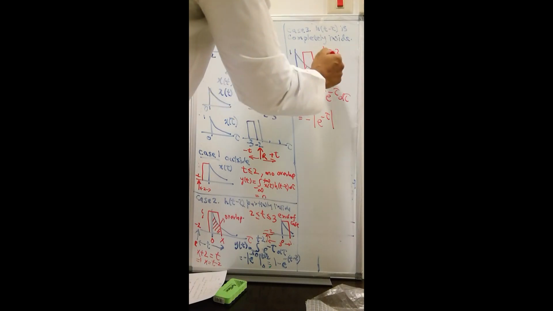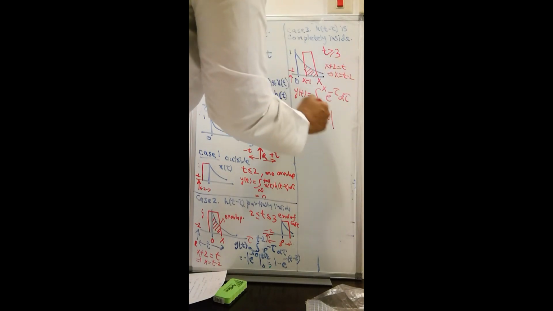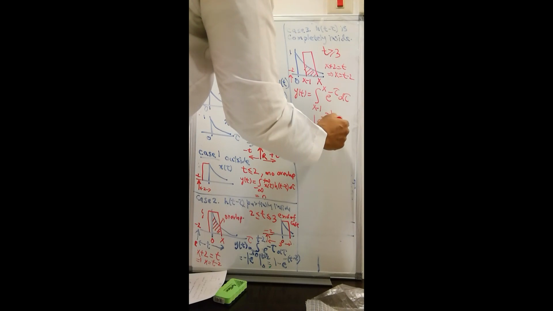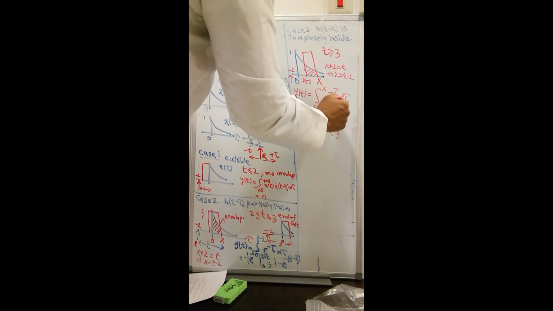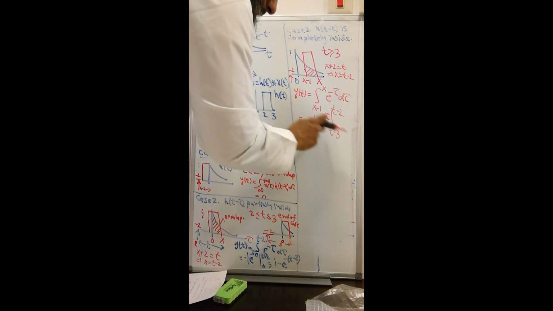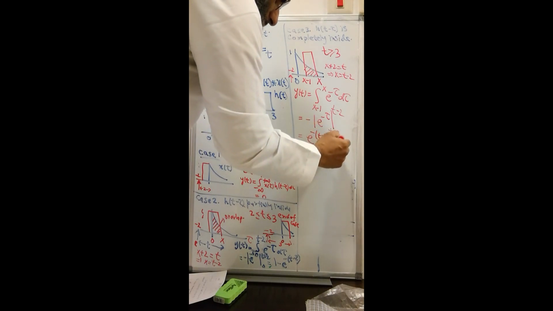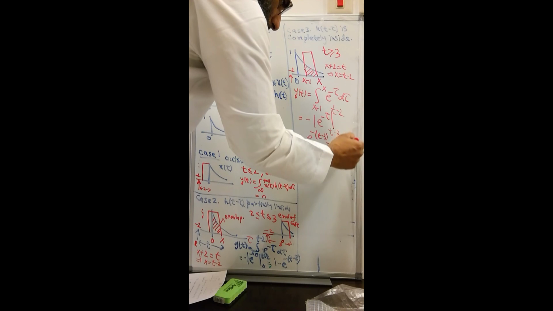Again x plus 2 equals t and x equals t minus 2. So it will be from t minus 3 to t minus 2, and with the negative sign, I put this first: minus e raised to the power minus (t minus 2) plus e raised to the power minus (t minus 3).